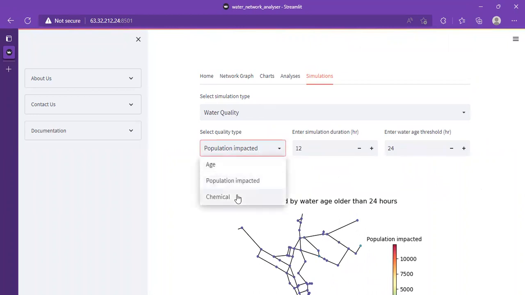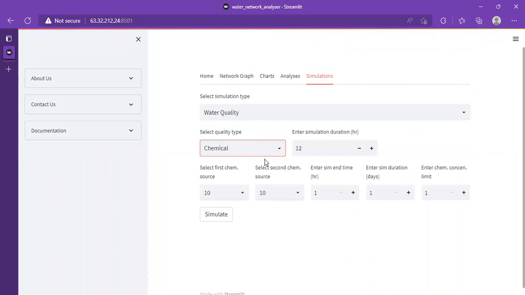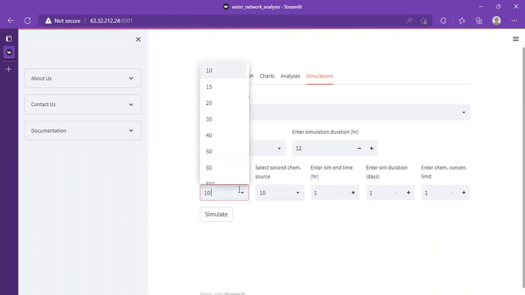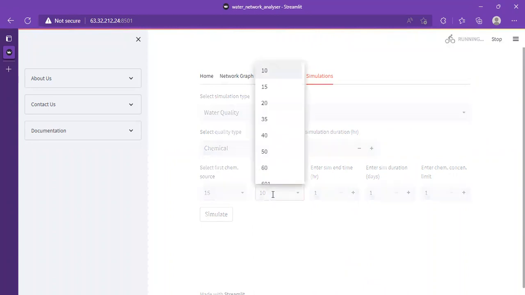And another one is the chemical evaluation of the network. So introducing chemical in one part of the nodes will make the chemical move through the fluid, through water from one place to another. Then in that case, in order to simulate this, all you need to do is to enter the starting node or the source node and also the second starting node.